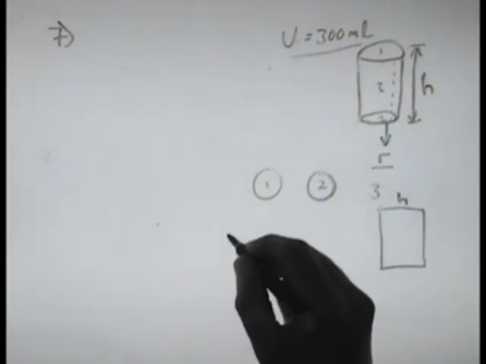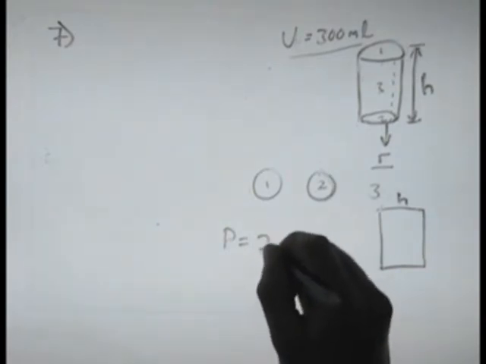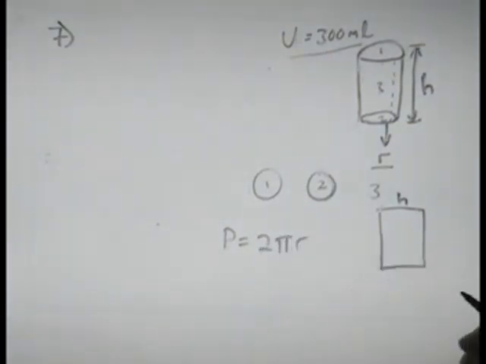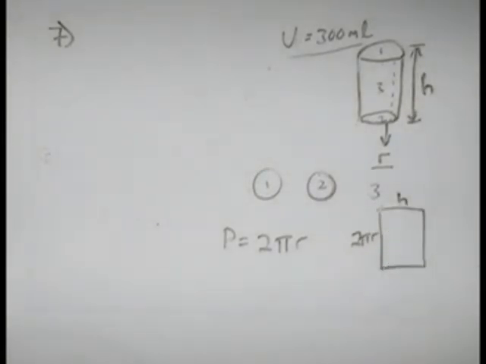What gives me perimeter? Perimeter of a circle is equal to 2 pi r. That means that this distance here is given by 2 pi r.